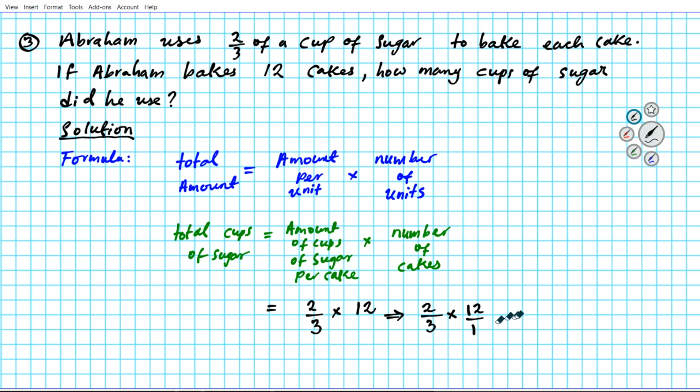Now that we're multiplying two fractions, we use the fraction multiplication formula. Numerator times numerator, 2 times 12, divided by denominator times denominator, 3 times 1. So that's going to yield 24/3.